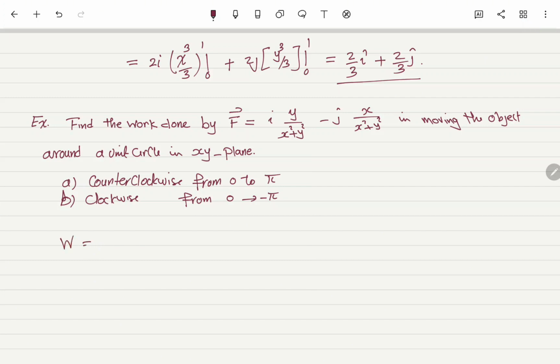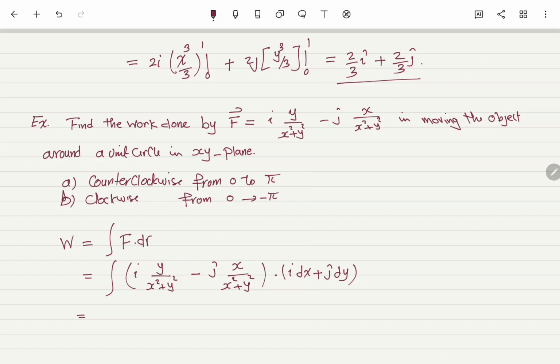Work is equal to integration F dot dr. Now in this one here, integration of i y over x squared plus y squared, minus j x over x squared plus y squared, dot r, i dx plus j dy.